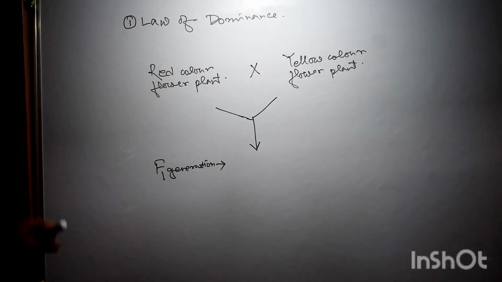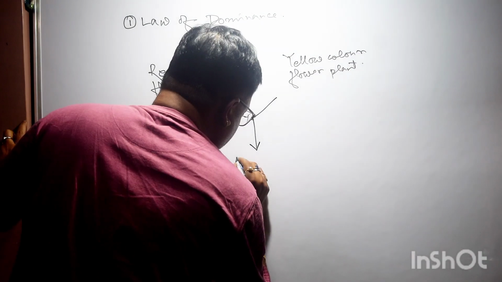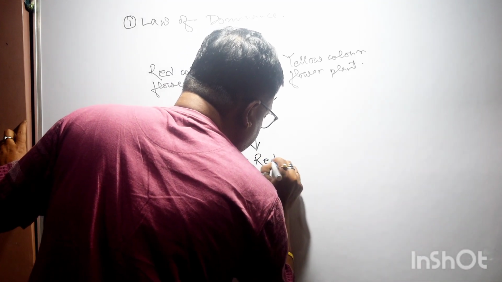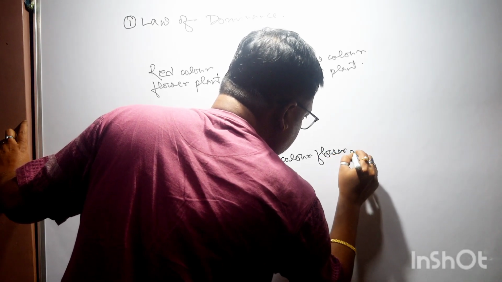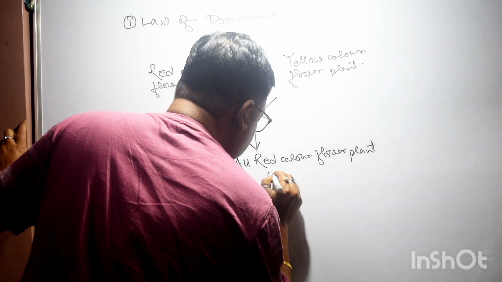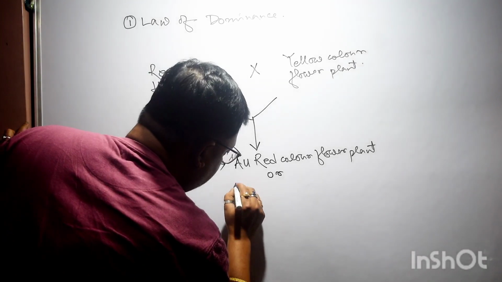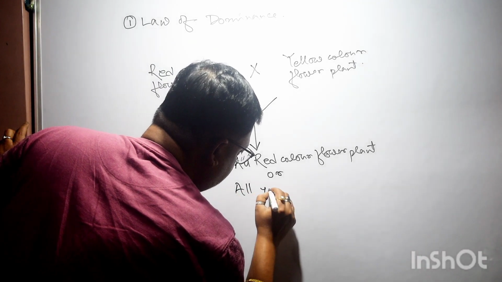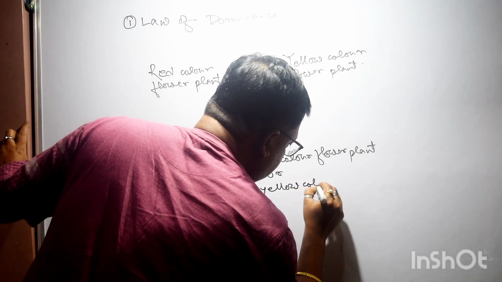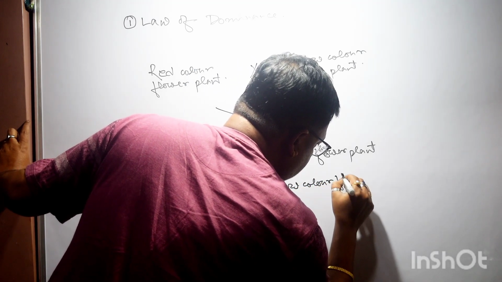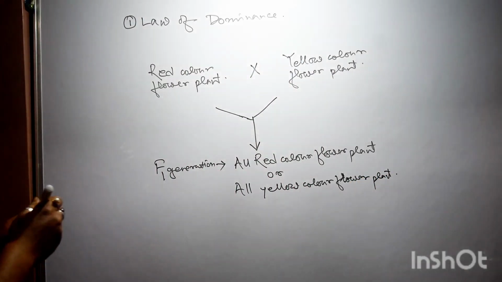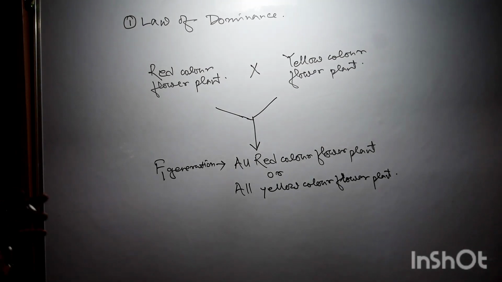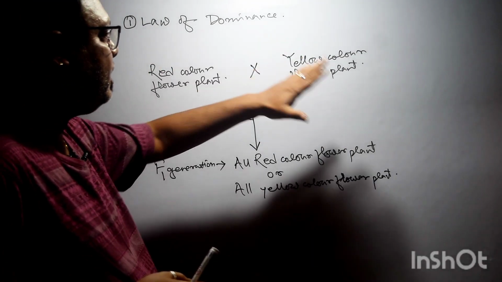In the F1 generation, as per the law of dominance, either we'll get all red color flower plants or we'll get all yellow color flower plants. We will not get half red and half yellow, or a portion of red and another portion of yellow.